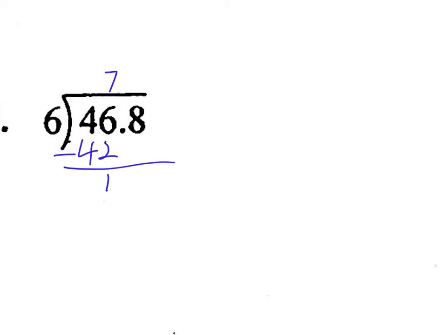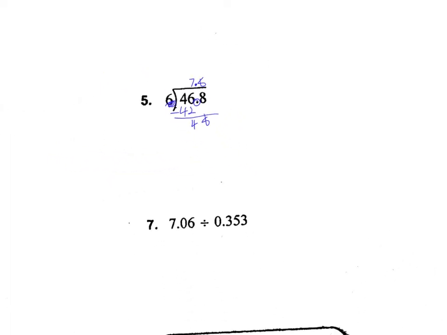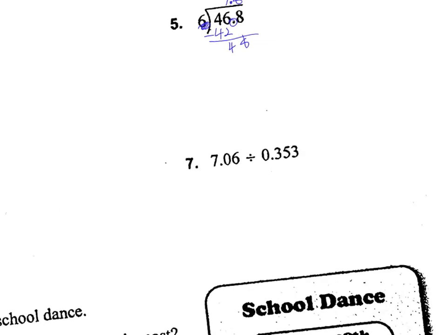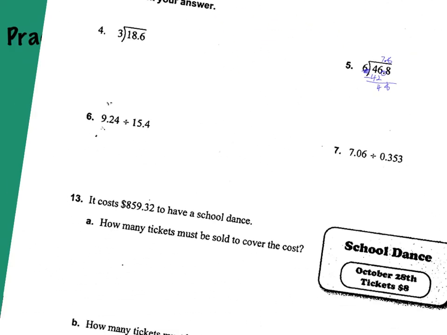We subtract, we get a 4, we get an 8. 6 goes into 48, 8 times. Now, what about this decimal? Well, we didn't have to do any of the moving over here, so we just bring it straight up. 7 8/10. Pretty self-explanatory.